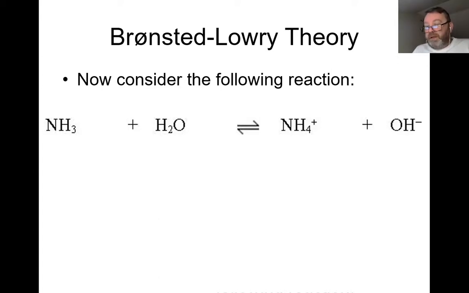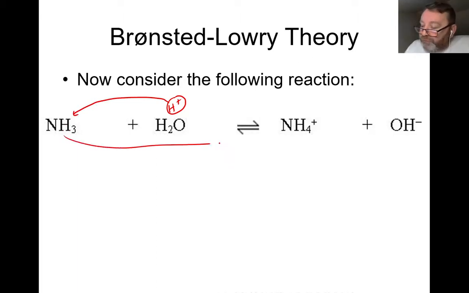In this case, one of the H+ comes from the water molecule and it's donated over to the NH3, which turns it into NH4+. The water is then reduced down to OH-, meaning that the H2O is donating the proton to the NH3. So that's the Bronsted-Lowry acid and that's the Bronsted-Lowry base.